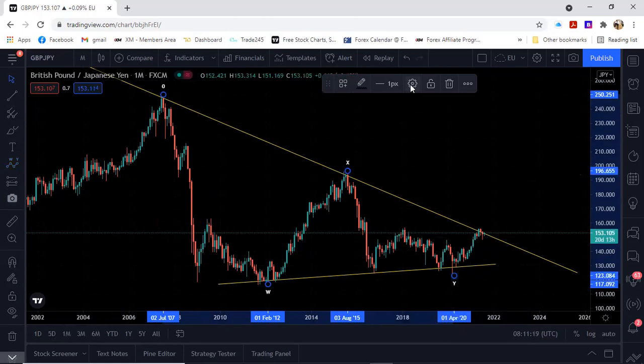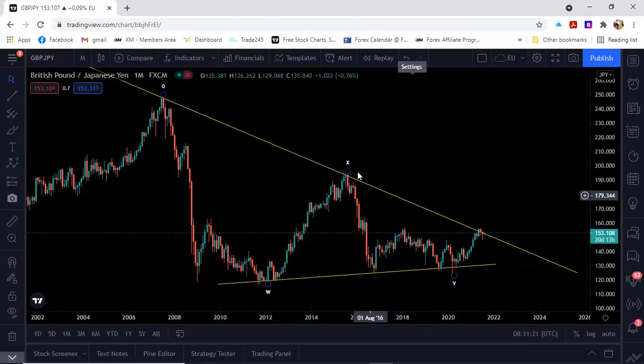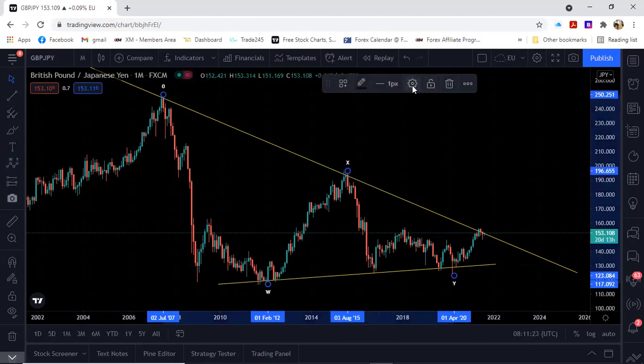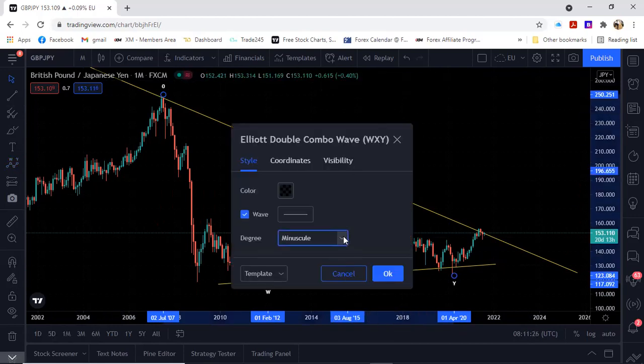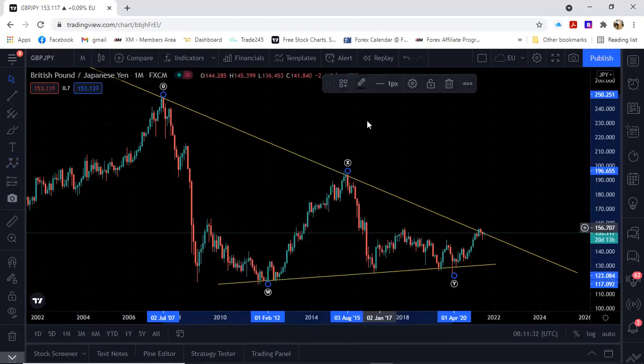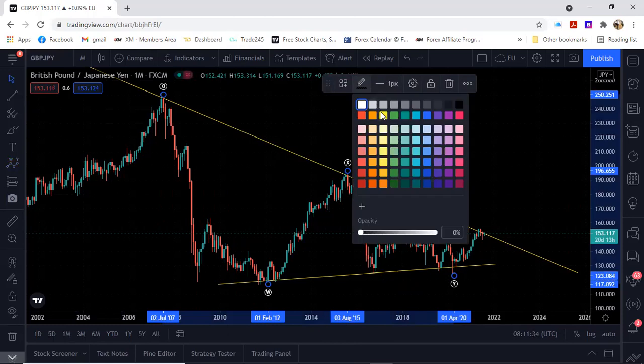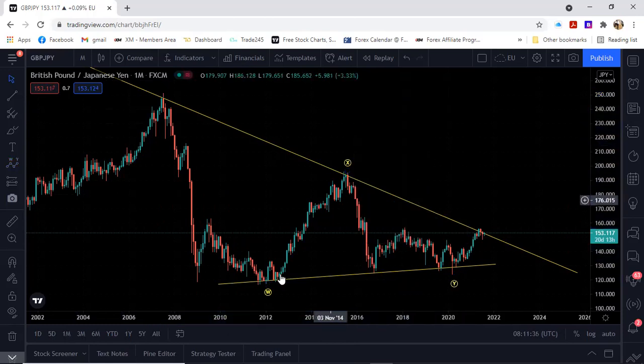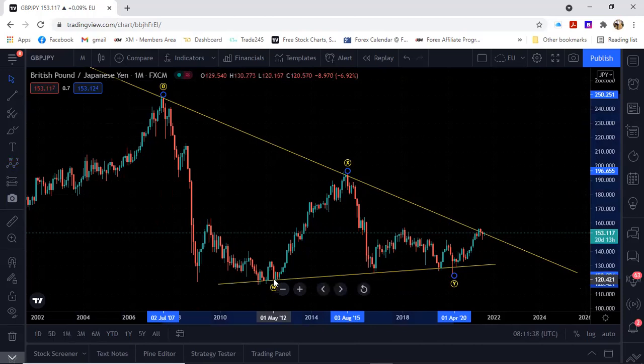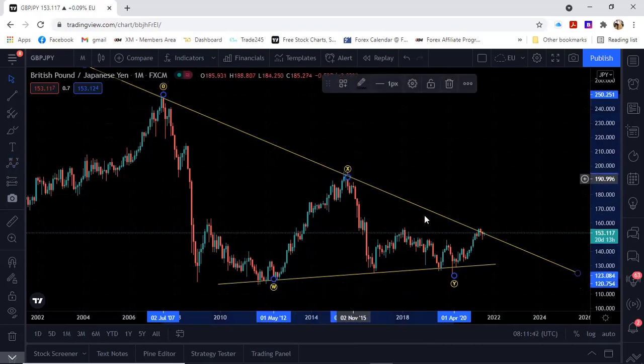Let's change to something like micro. Fine. And the color, let's use yellow. So this is what I'm seeing here.